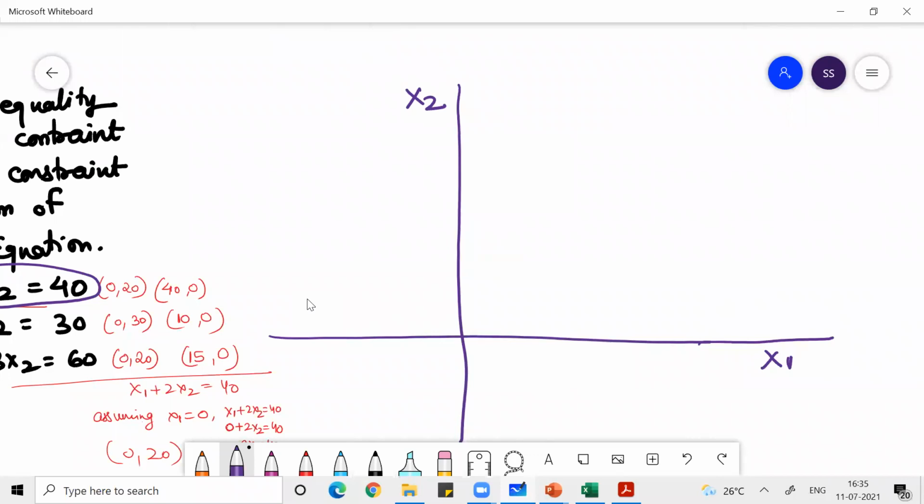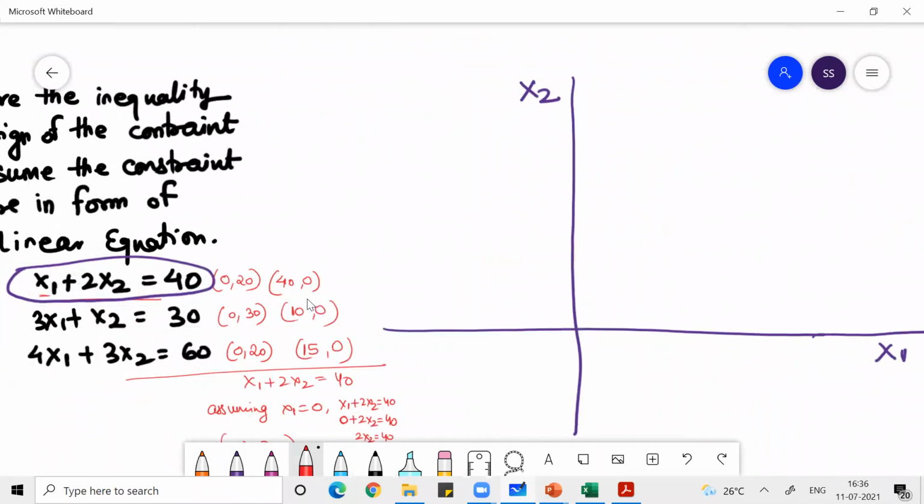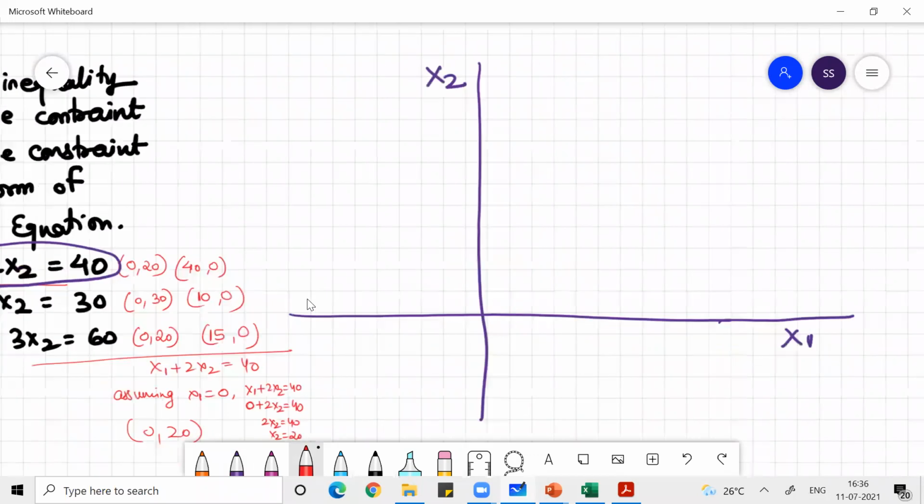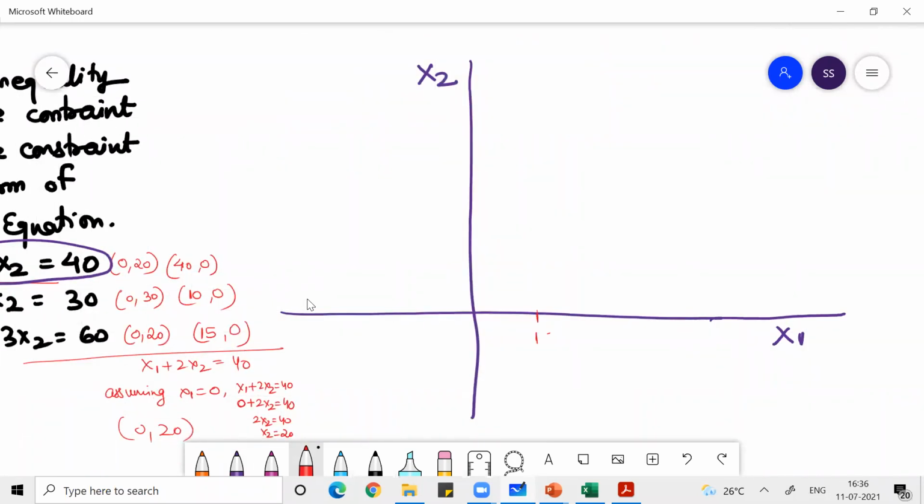Then I'll put dummy values. The maximum value of x1 is 40, so I'll write 10, 20, 30, 40, 50. For the y variable, the maximum is 30 something, so I can write 10, 20, 30, 40.